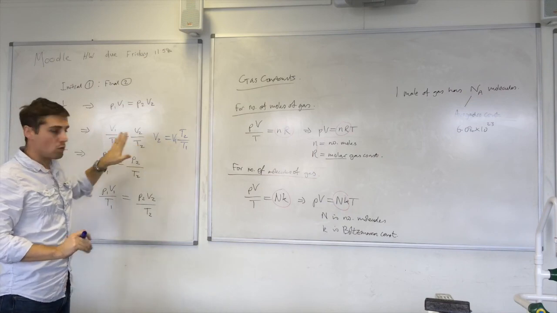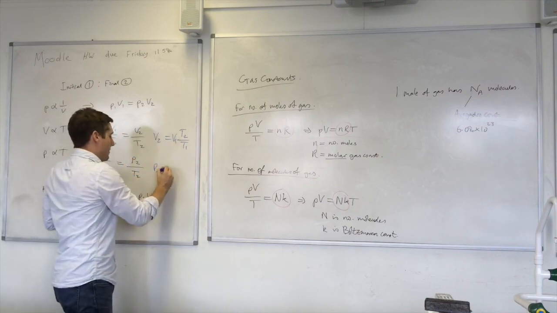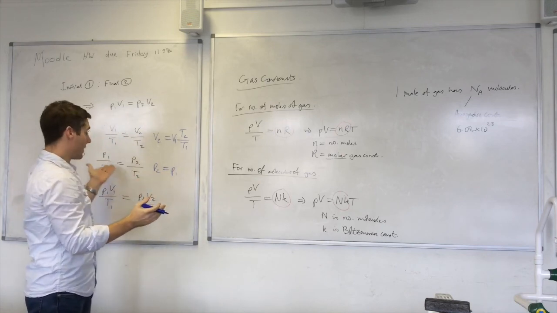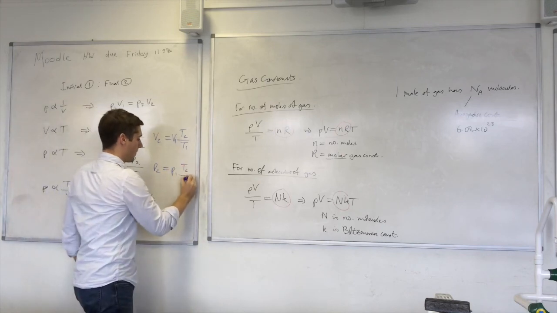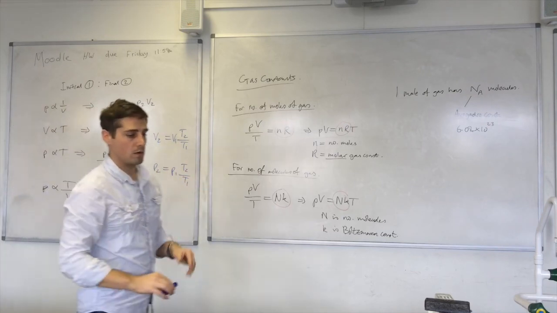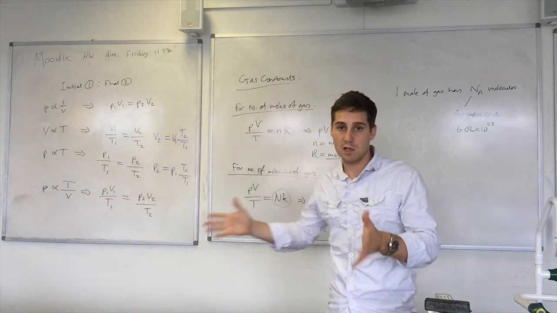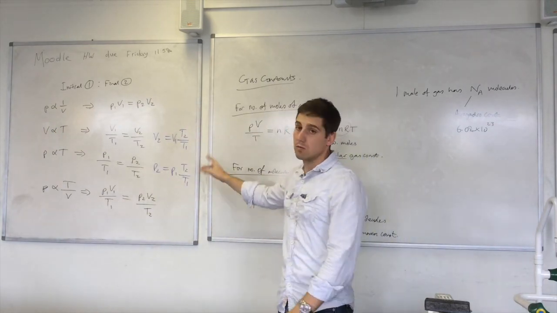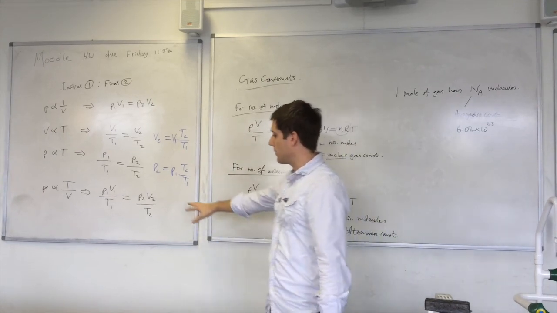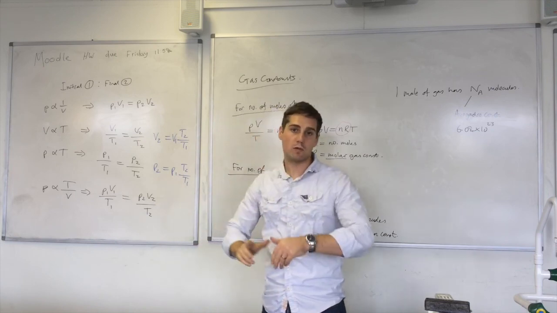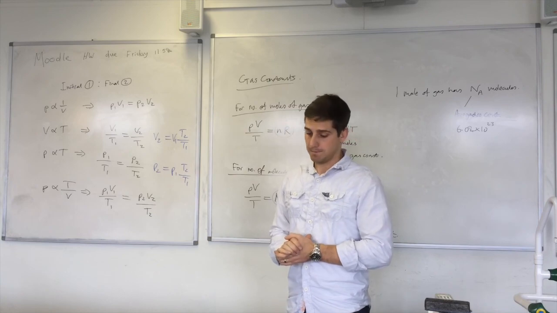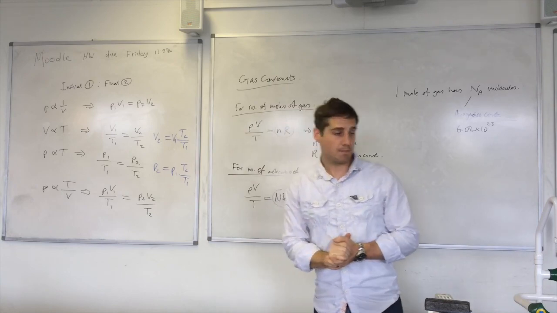The same here, P2 is equal to P1, the initial pressure, multiplied by a ratio of the temperatures. You always have that the final quantity is equal to the initial same quantity multiplied by a ratio of the other quantity involved. So that's a good check that you've done things correctly. And that is ideal gases.